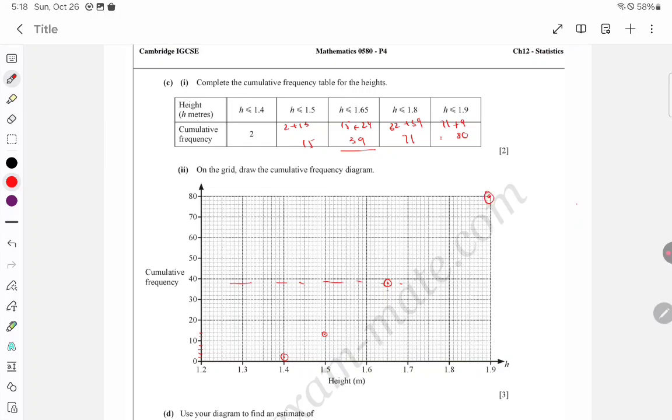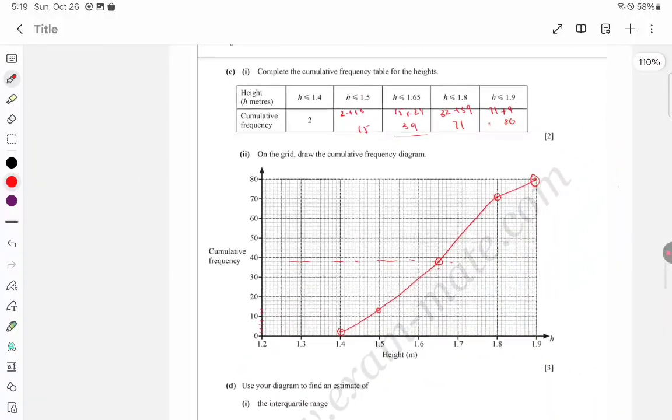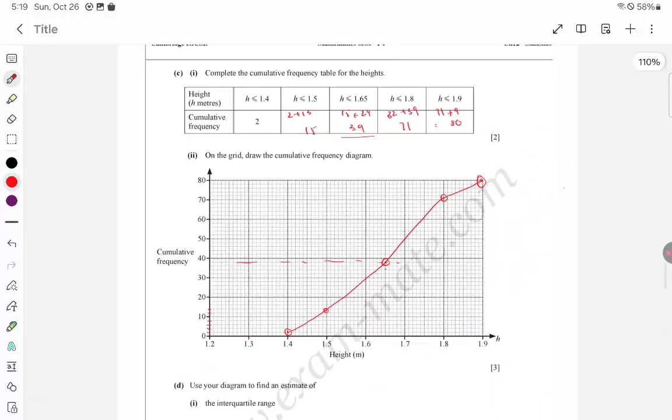Join the line, and also on 71 it is 1.8.